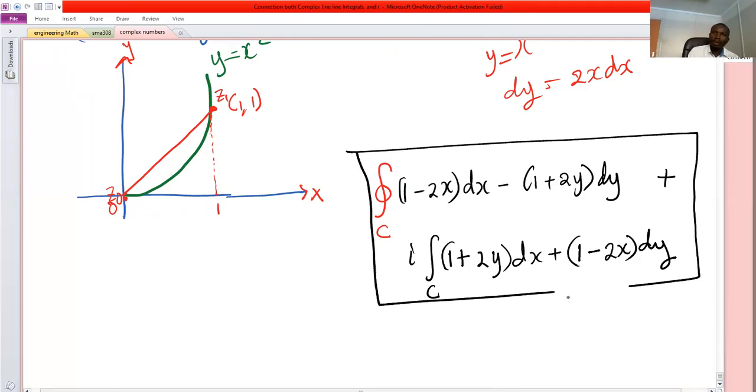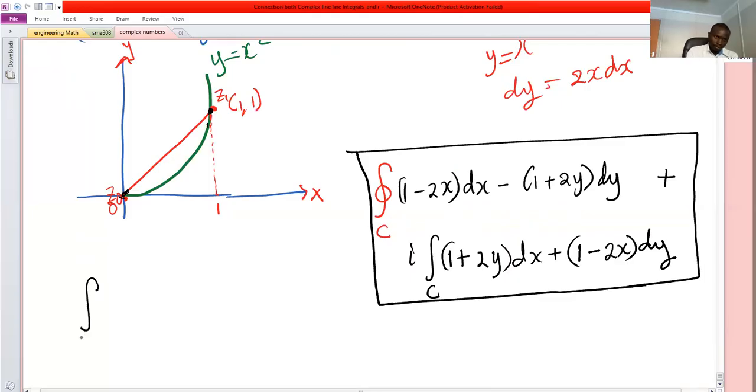So along the parabola y equals to x squared, where there's y, you put x squared, and where there's dy, you put 2x dx. Because x is now changing from this point to this point where they intersect, x changes from 0 to 1.